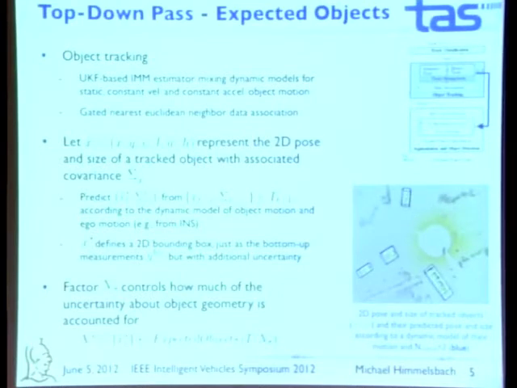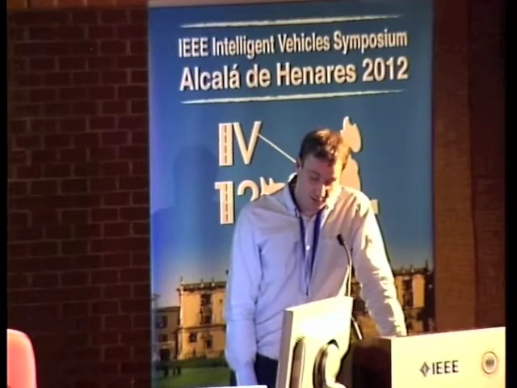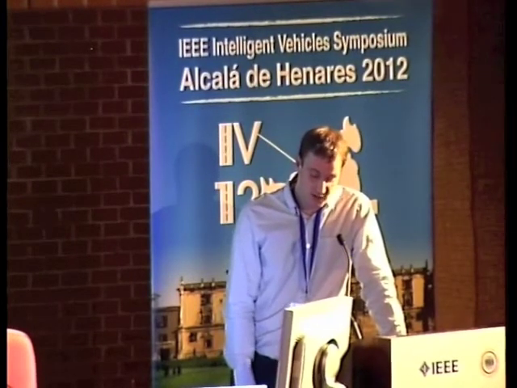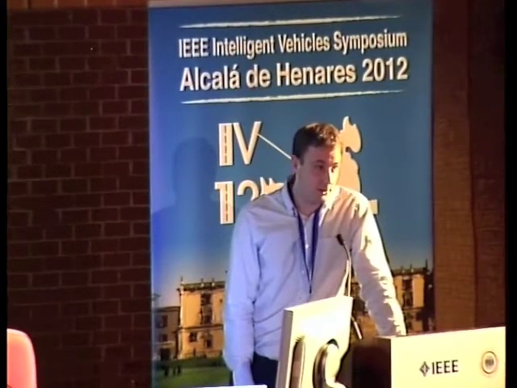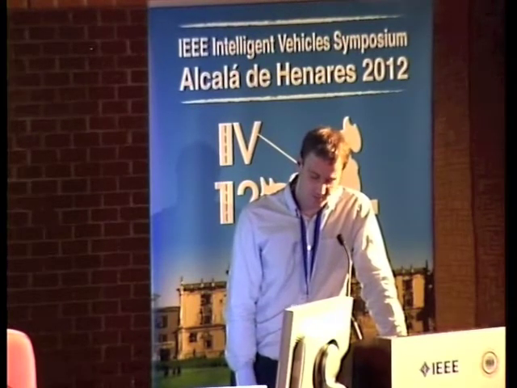And together with the associated covariance of this estimate, we can then predict the states using information about our ego motion, and this prediction then gives us a hint about how the object might look like in the current scene. And we can also define a bounding box out of these expected objects, just as for the bottom-up measurements.